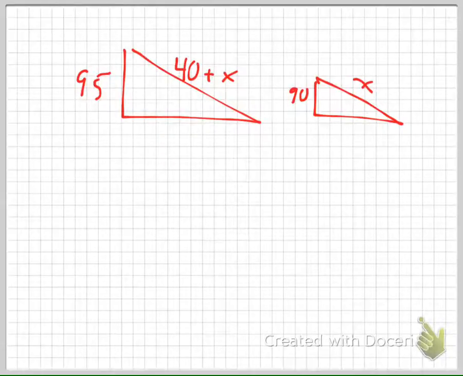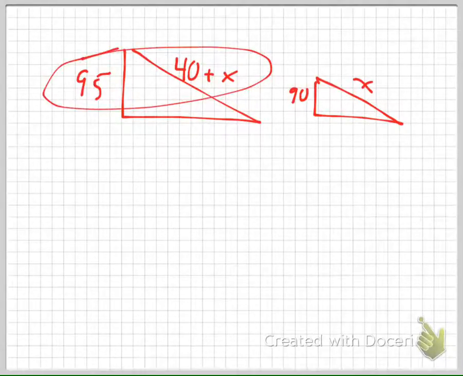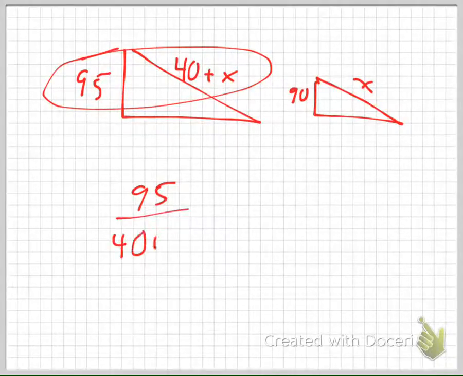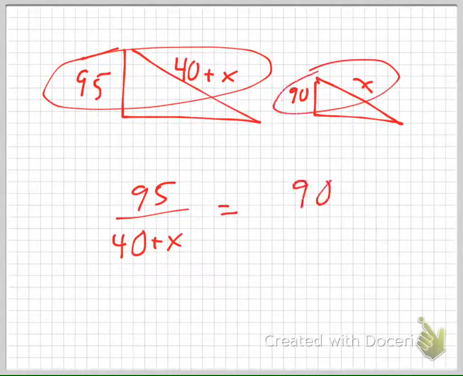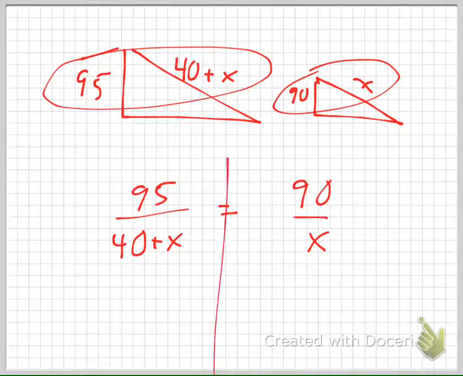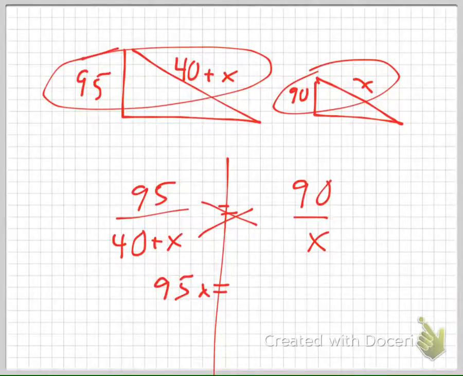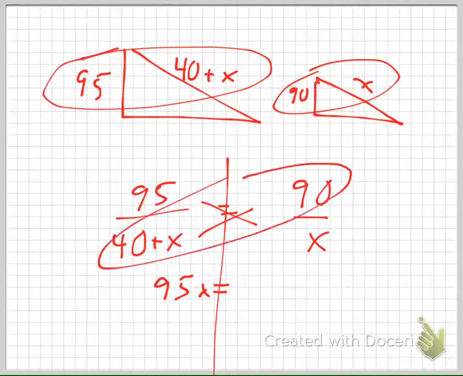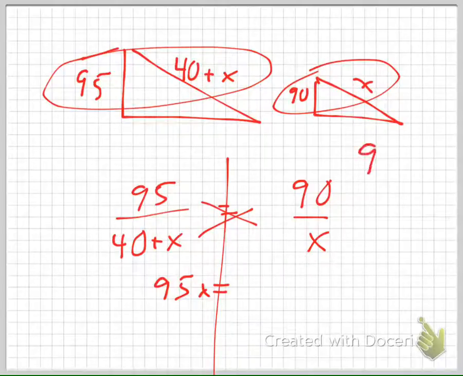Okay, so these two are going to be a proportion. So 95 over 40 plus x equals 90 over x. Now what did I do to solve this? Cross multiplied. So this first one will be 95x equals 90 times 40 plus x.